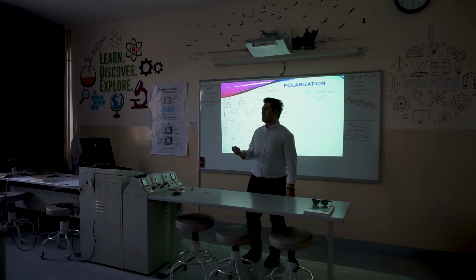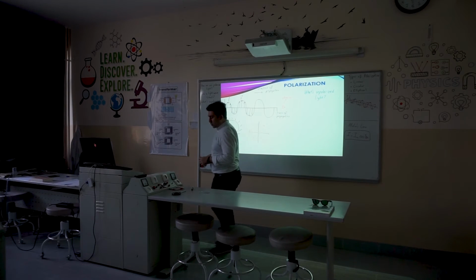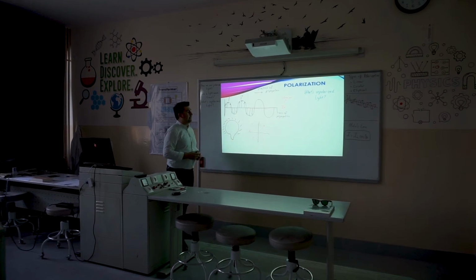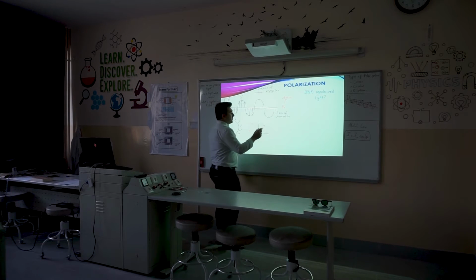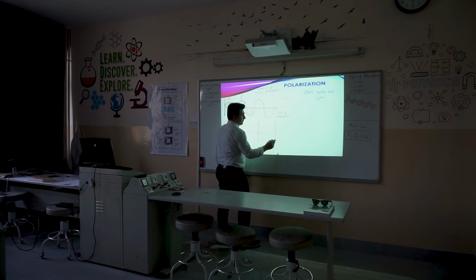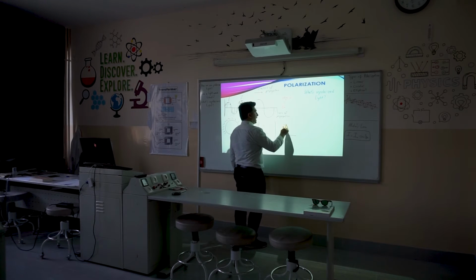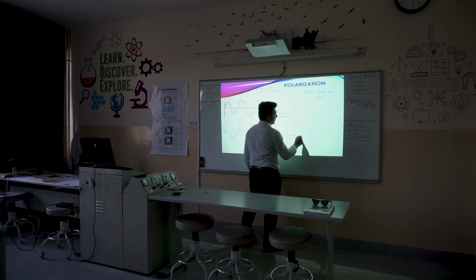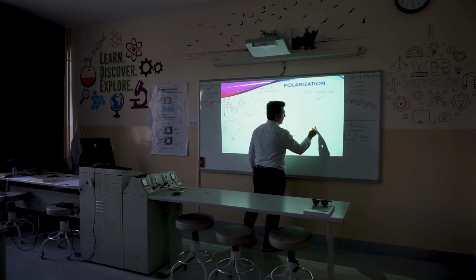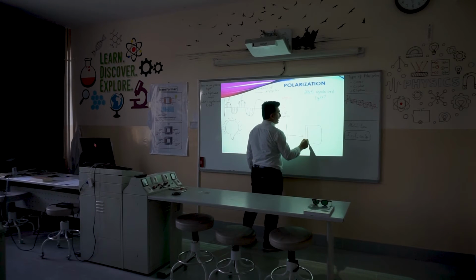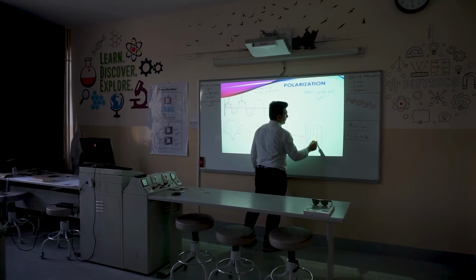They have their specific properties. So if we want a vertical direction of the light, let's imagine that we have an unpolarized light here, and we put a polarizer here, which is vertical.